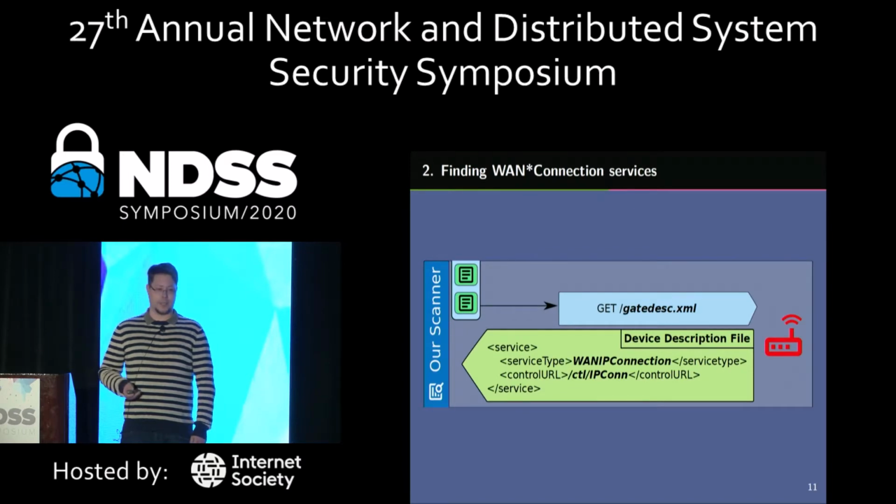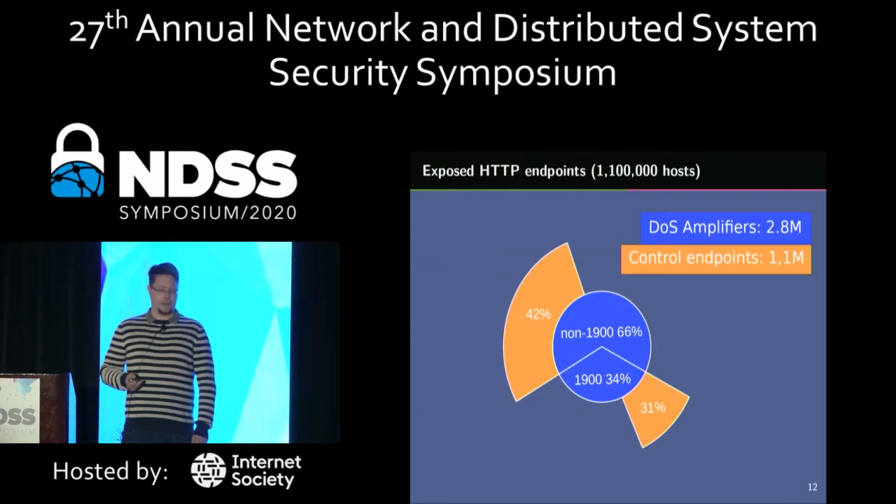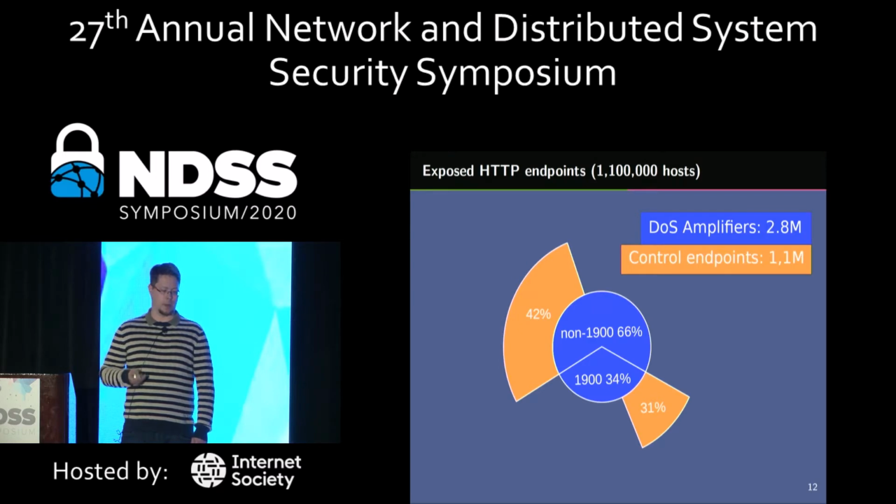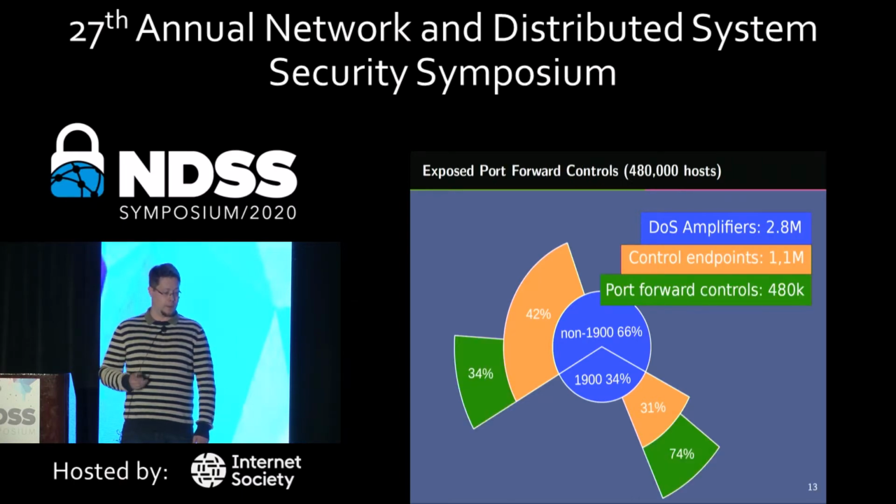In our second step, we download this HTTP file, which contains information about the services. We find that almost 30% of these hosts were exposing also their control interfaces, not just the discovery interface, to the internet. The most interesting for us are these port forwarding controls, which were available on almost 500,000 hosts.